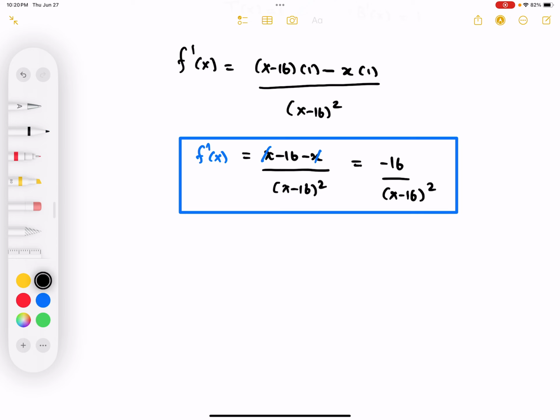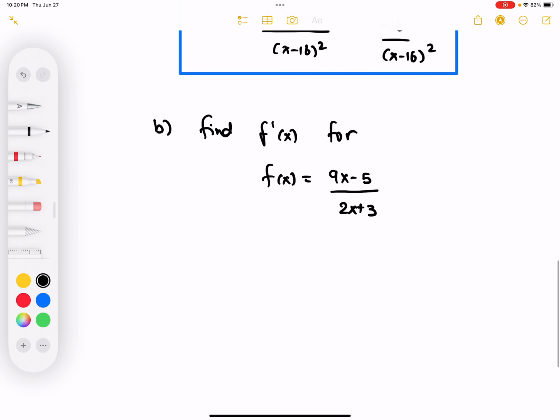Let me add another example. Find f derivative at x for f of x equals 9x minus 5 divided by 2x plus 3.